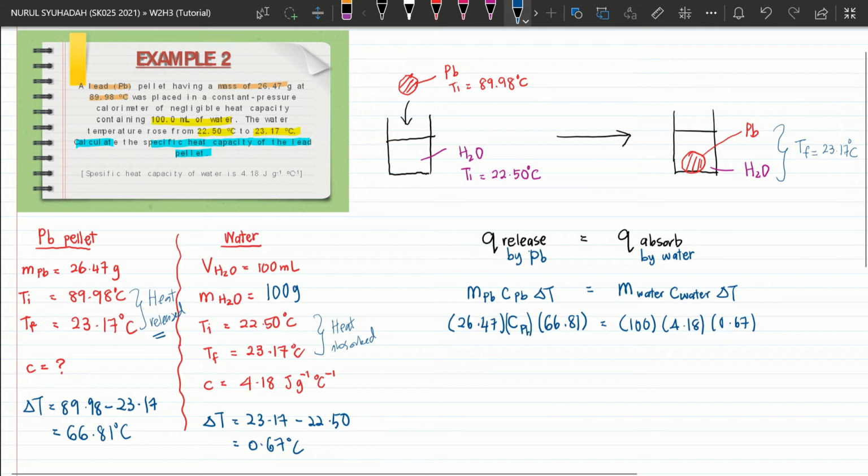You will get the specific heat capacity of the lead pellet to be 0.158 joule per gram per degree Celsius.